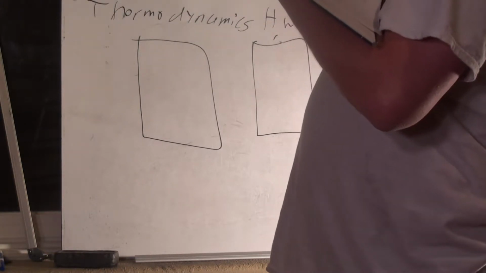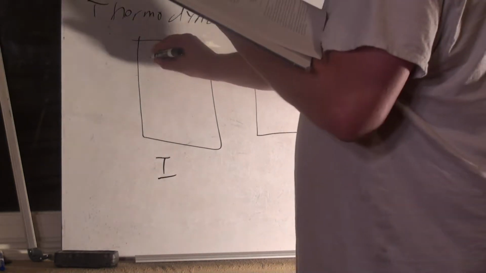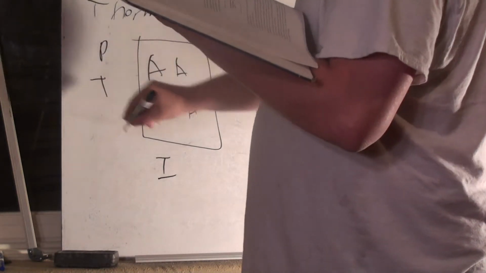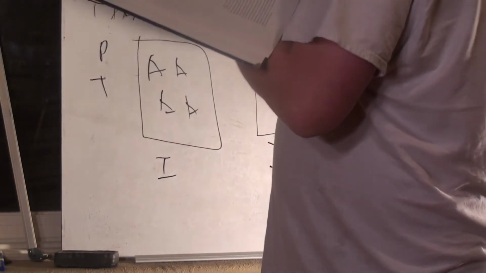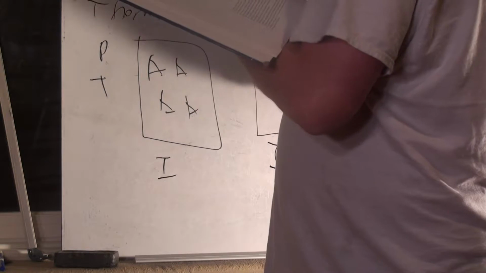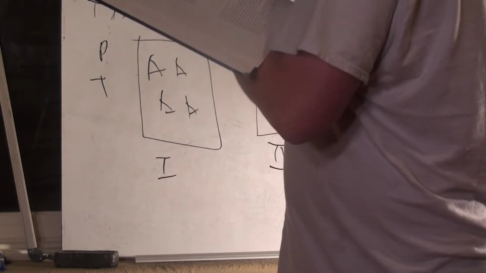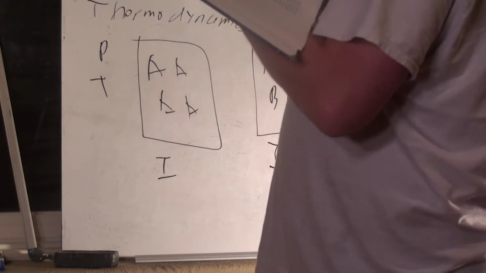Okay, so system 1 consists of pure A, and it's at a given pressure and temperature. System 2 contains A and B at the same temperature and pressure. So the temperature and pressure are equal between the two.